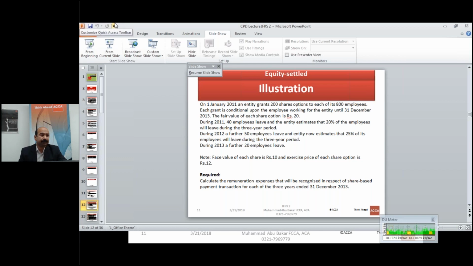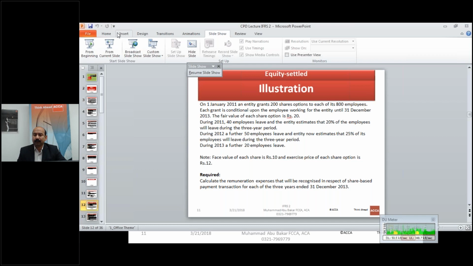Yes. Rashid asks, please explain why we are not taking into account actual employees who left, and why we are using estimated employees. Rashid, even if you look at IFRS 15 or any other standard, your liability is that which is expected to be paid. Sometimes when you grant an option and there are like 2,000 or 3,000 employees, this 3,000 number is not relevant.